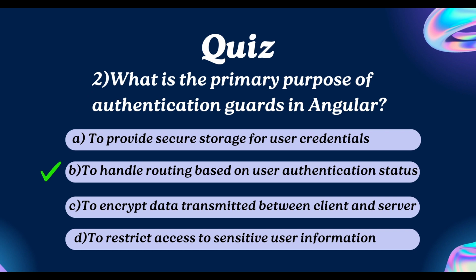Authentication guards tell us that the user has been authorized and authenticated, so we can handle routing accordingly. If the user is not authenticated or authorized, the routing would not be performed and the user stays on the login page until they enter proper valid credentials to enter the application.